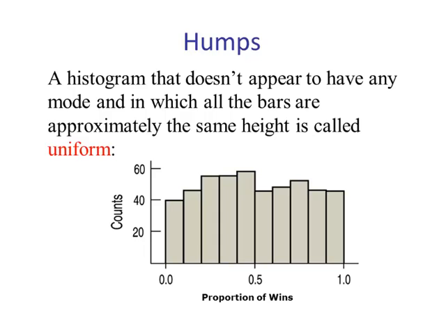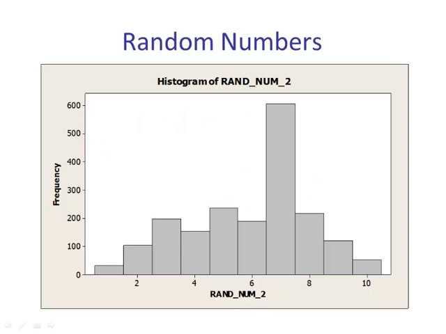If the histogram does not appear to have any humps or modes, then we say that the distribution is what we call uniform, where approximately each band has the same frequency. Here's an example using the data from the student survey. This is the random number variable, and we expected the random numbers to be uniform.